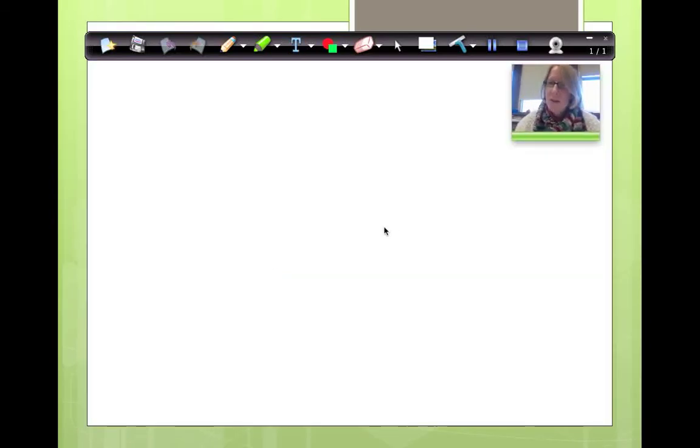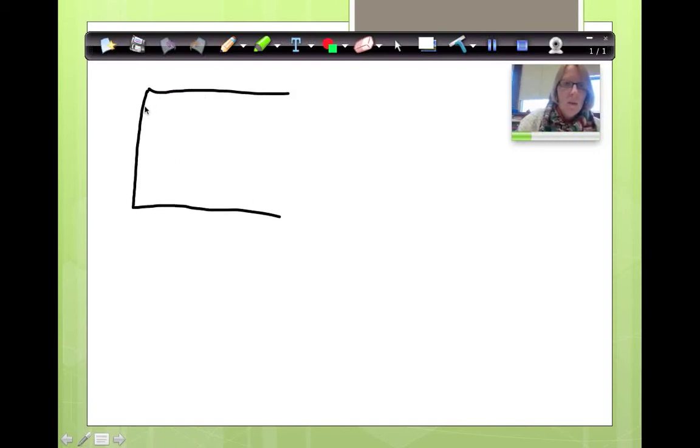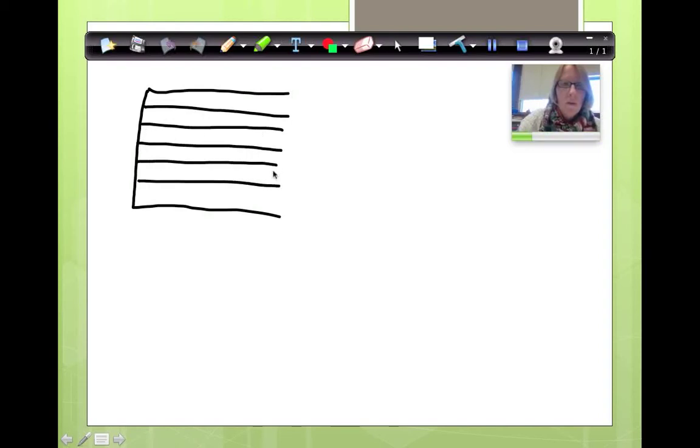Okay, first things first. I'd like to do a quick review. So, if I am given something like this, please draw this. I'm going to make a figure. Now what I'm doing is I'm making a grid and then I'm going to erase parts out of it.